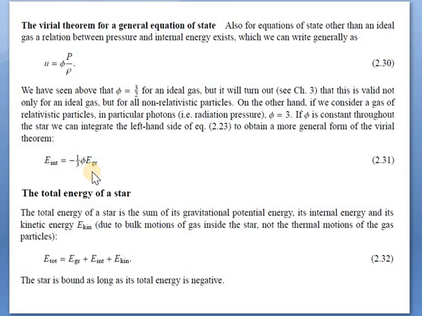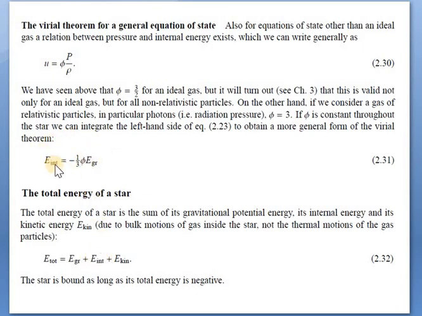Now let me talk about the total energy of the star. You see, the total energy is the sum of gravitational potential energy, its internal energy, and also the kinetic energy due to the bulk motion of the gas inside the star, and not the thermal motion of the gas particles. So the sum of the three terms. And note that the star is bound as long as the total energy is negative. So from the general form of the virial theorem, we get this term.